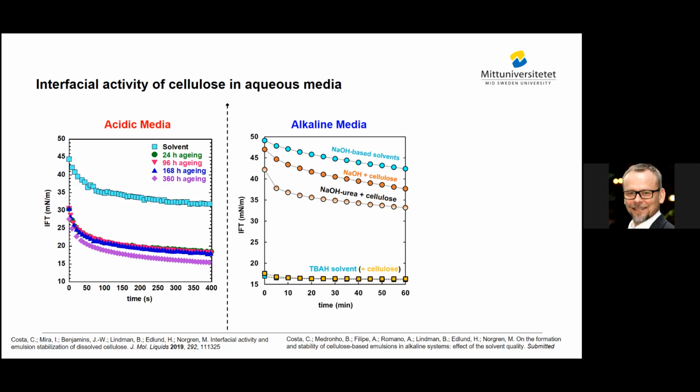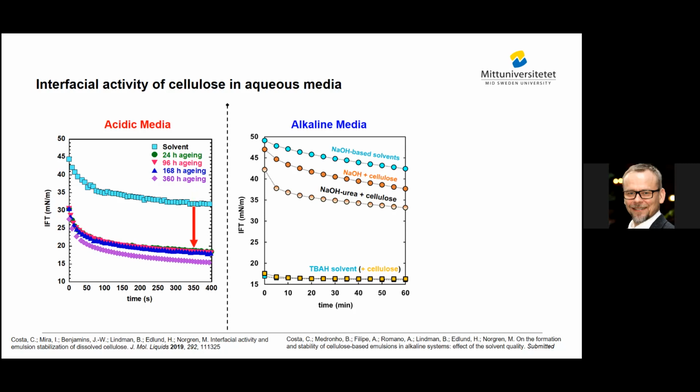And here you can see that if you age these solutions, this acidic solution, you will actually get lower values. So at 360 hours aging, you get the lowest curve here. Also the initial value is lower.